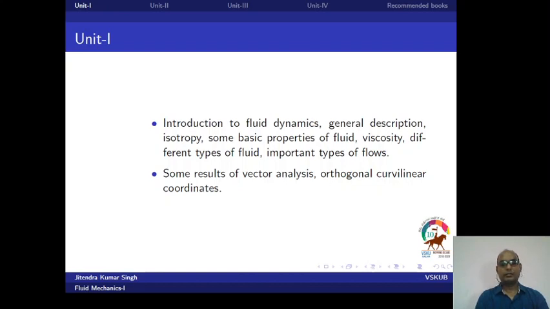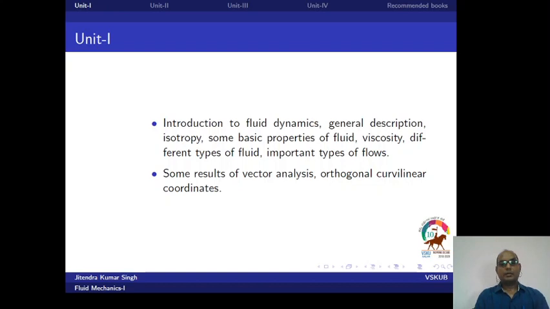We shall also define the orthogonal curvilinear coordinates. Here we shall also discuss the gradient, divergence and curl of scalar as well as vector fields.